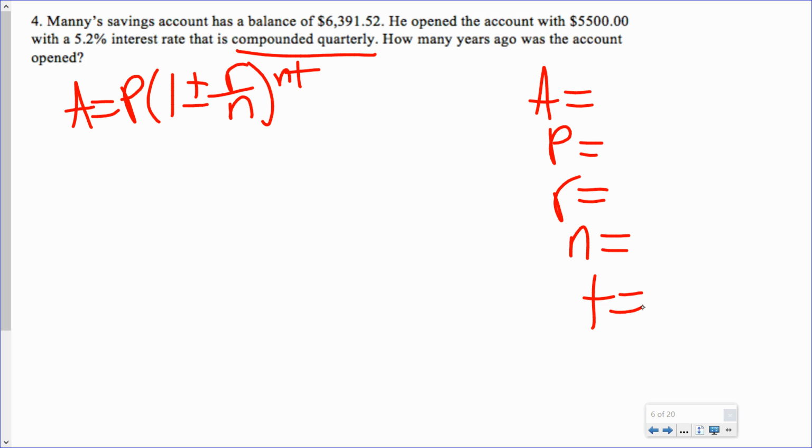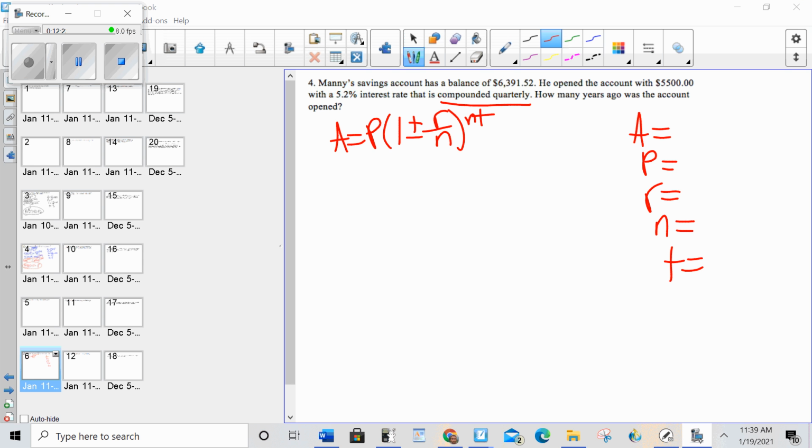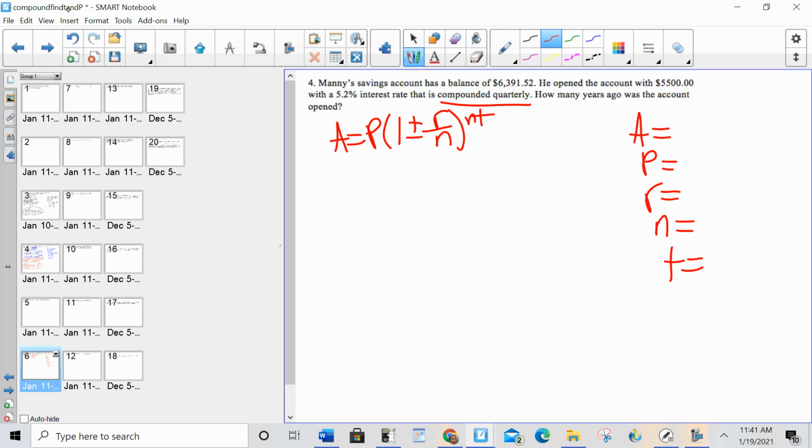I need to read carefully to see what each variable represents. The difference between A and P is the issue that students often have a problem with. Manny's savings account has a balance of $6,391.52. He opened the account with $5,500.